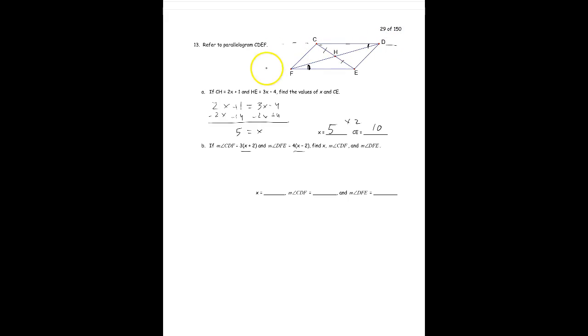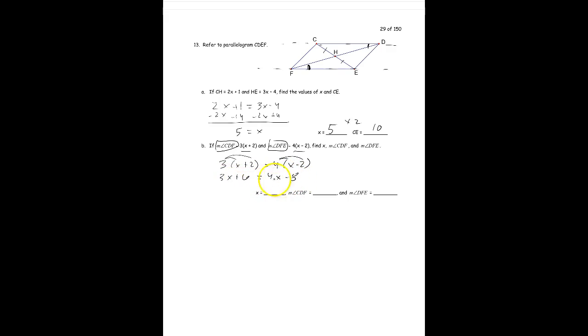Again, these are parallel lines cut by a transversal. Those alternate interior angles are congruent, so we can just go ahead and set this angle equal to this angle. So we get 3x plus 2 equals 4x minus 2. Gotta distribute here. 3x plus 6, distribute again here. 4x minus 8.